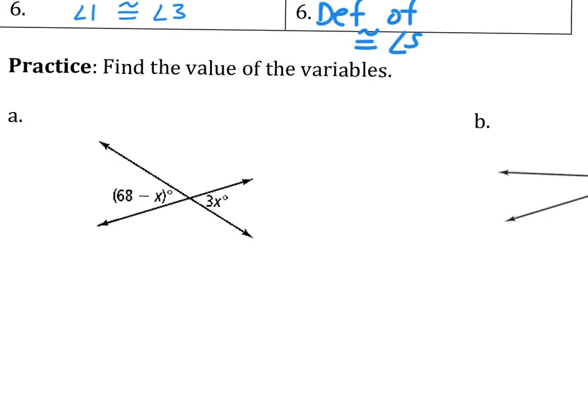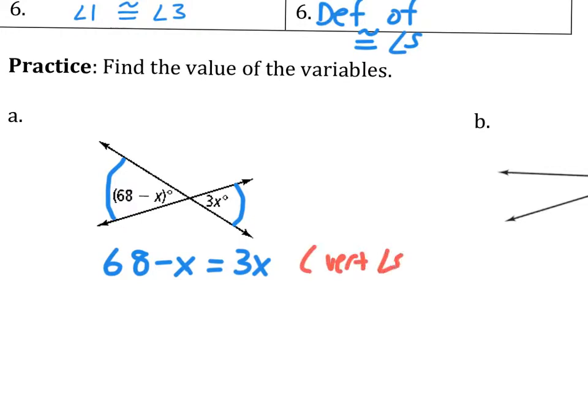So here we want to find the value of the variables, which means I know, according to the diagram, that these two are vertical. And by the theorem I just proved, the vertical angles are congruent. So now I can say, since they are congruent, the measures are equal. And what we're using there is vertical angles are congruent.